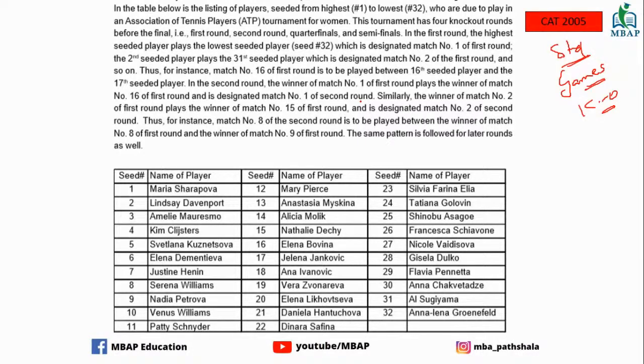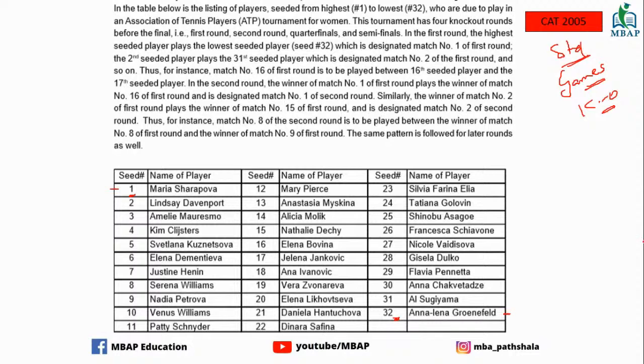What it says is that there are players from rank number 1 to rank number 32. There are 32 ranked people, and it's a knockout tournament. What happens in a knockout tournament? Basically, the first ranked person is going to have a match against the last person in the ranking, which is 32.